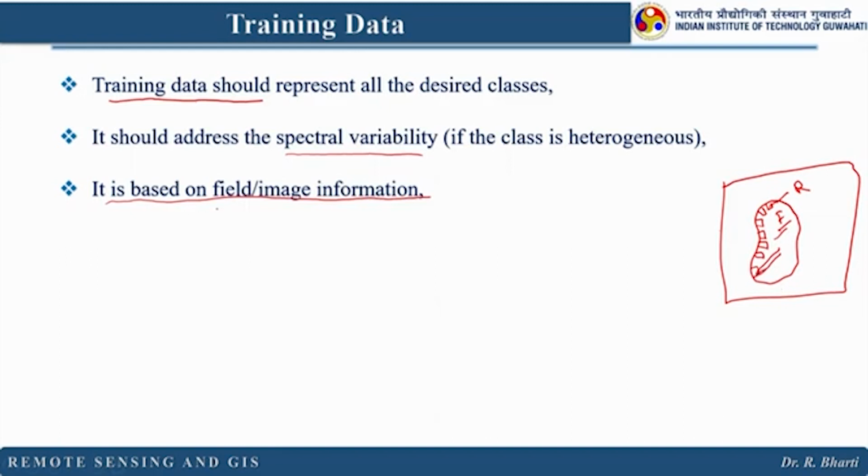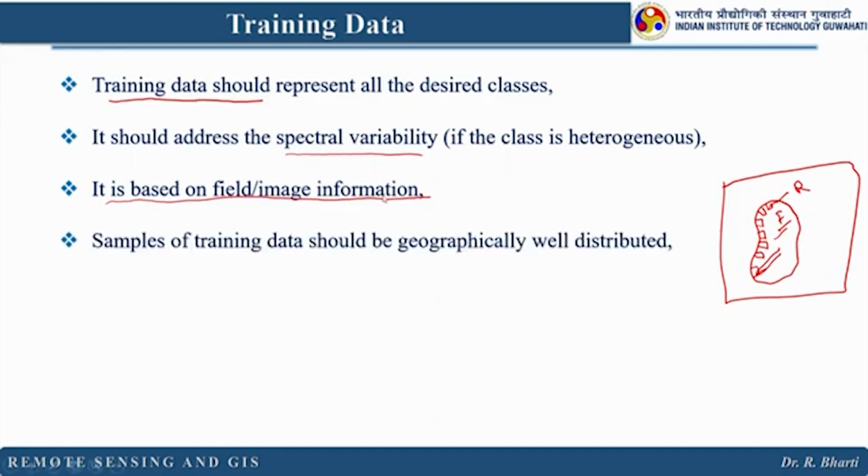Samples of training data should be geographically well distributed, right? Suppose this is the forest class, here you may also have forest. So you should collect forest training data from this area also, from here also, from here also, from here also. So that training data should be geographically well distributed.